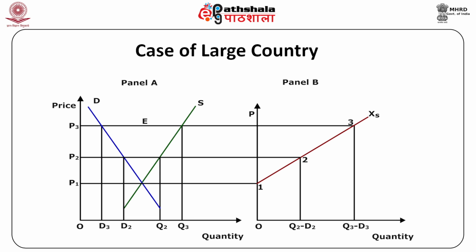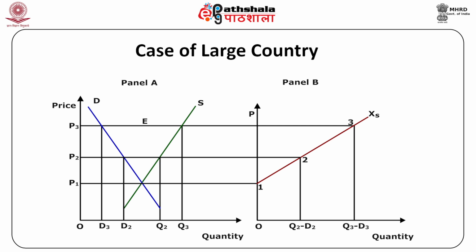In the same manner, foreign export supply is derived in figure 3. D and S curves are the foreign demand and supply curves respectively. At the price P1, there is no export supply because demand for the good is equal to the supply. When the price increases to OP2, demand falls and supply increases.